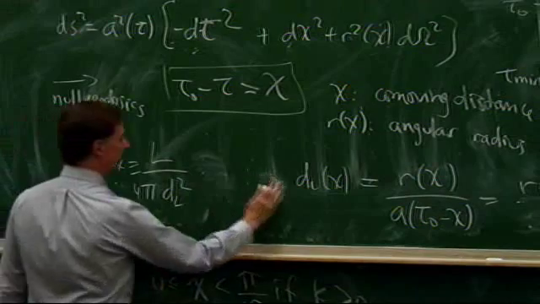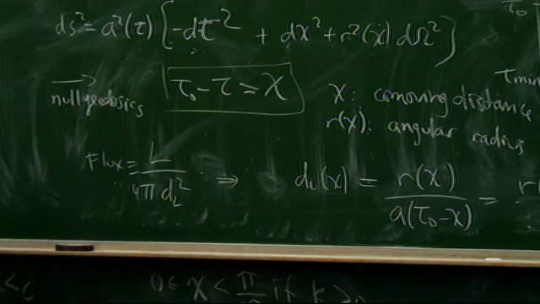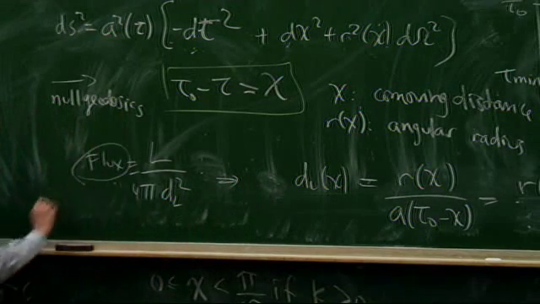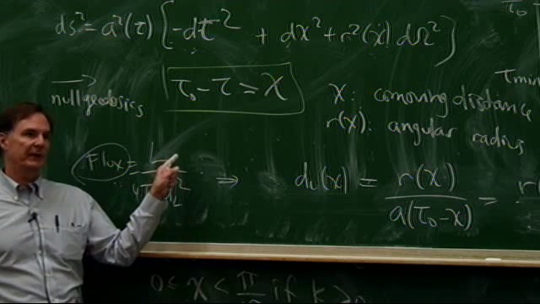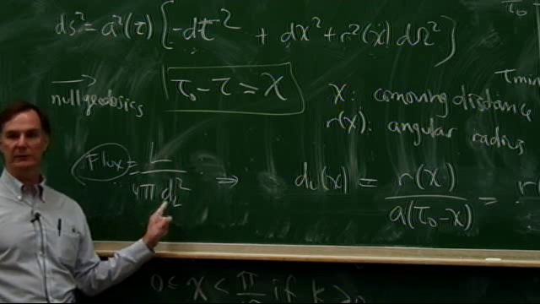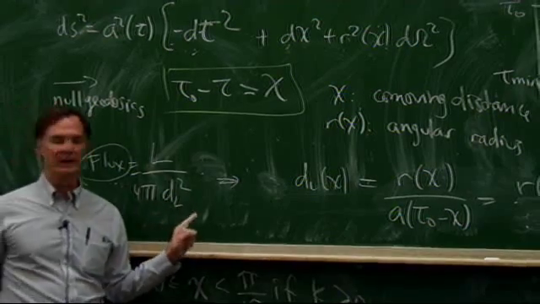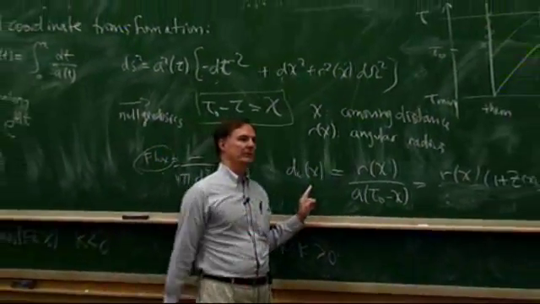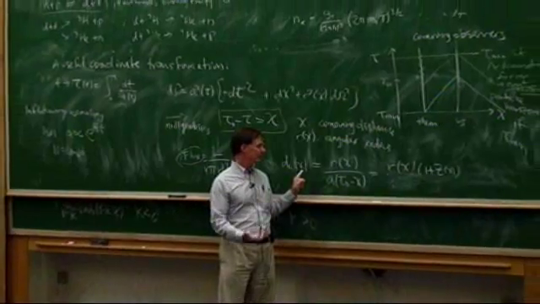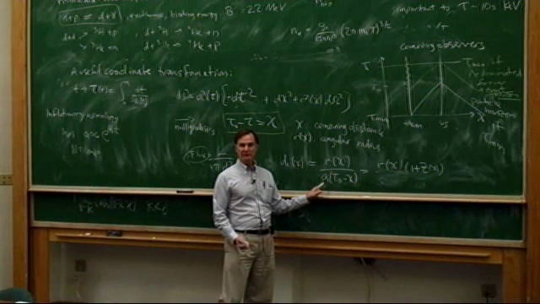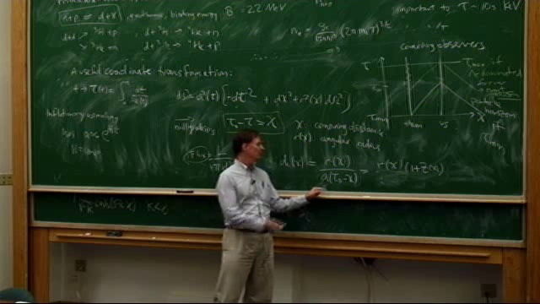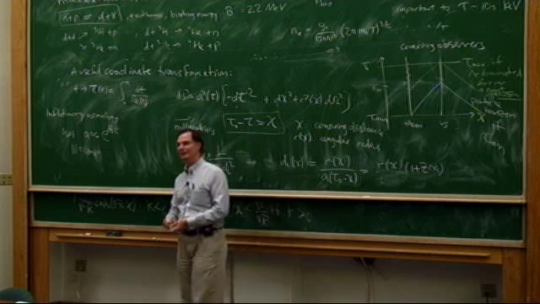That's the definition of luminosity distance d_L, and cosmologists measure flux. They assume they can calibrate a supernova or other standard candle to know what L is, so observationally they solve for d_L, and when you work through the Doppler shifting of photons, you end up with this factor of A of tau emitted, which is tau 0 minus chi along the past light cone.